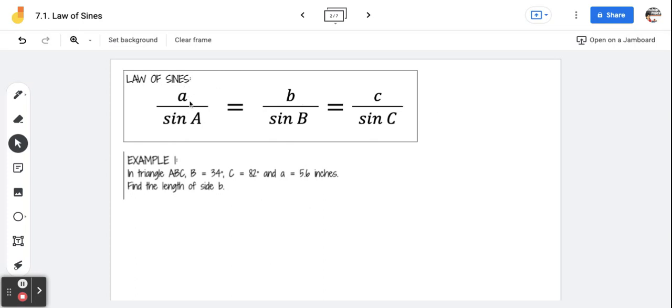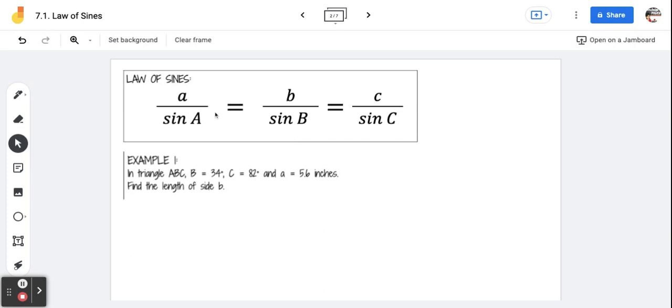So remember, side A is across from angle A, side B is across from angle B, side C is across from angle C. So A over the sine of A equals B over the sine of B equals C over the sine of C. Nothing special about this as far as we could put sine A over side A equals sine of B over side B equals sine of C over side C. It would be the same thing. So you could turn these all upside down. It would be the same ratio, same proportion. So that's just one way of looking at it.